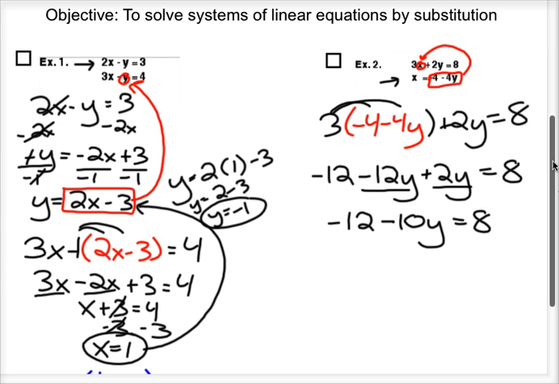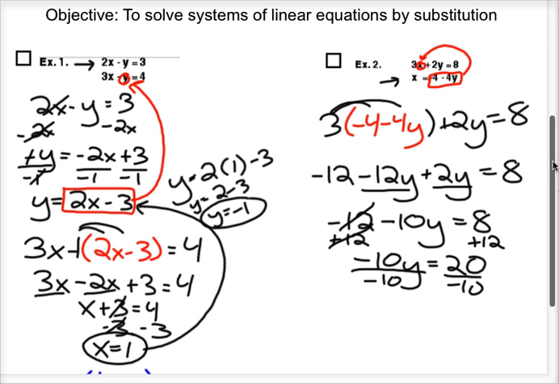And now I just have to solve this like I would any linear equation. To get rid of the 12, I'm going to add it to both sides. So we have -10y equals 20. Well, my y is being multiplied by -10, so I'm going to divide by -10 to cancel that out. So I get y equals -2.